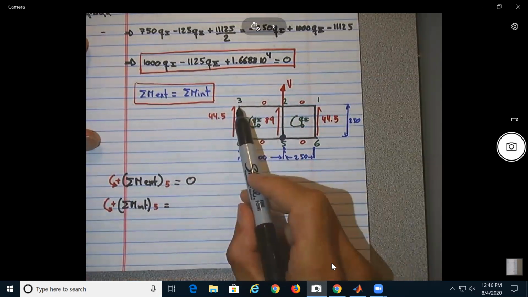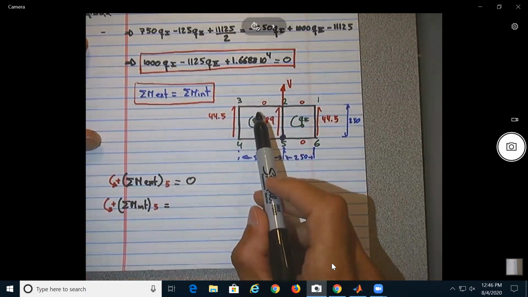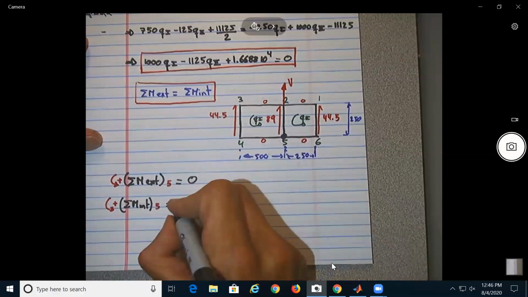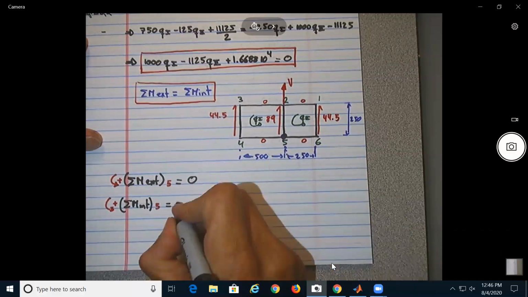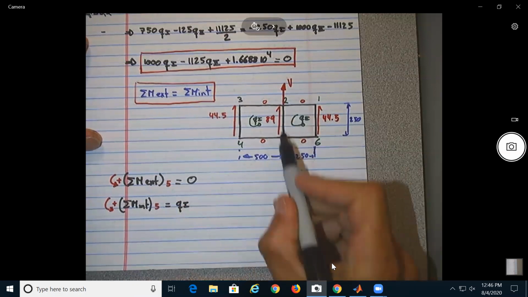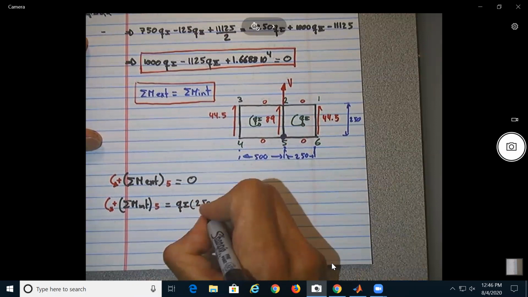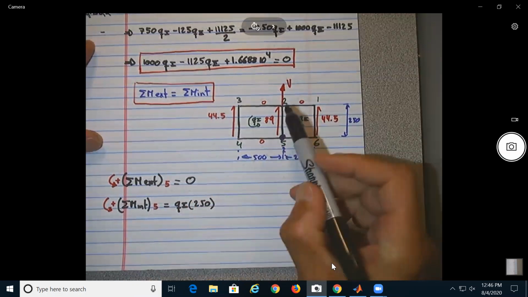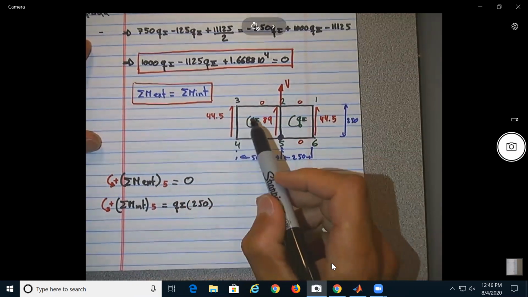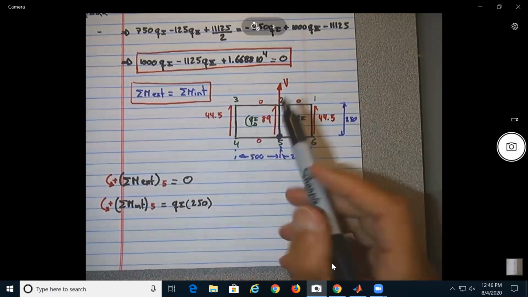What is the value of the shear flow over 2 and 3? It will be Q sub 1, yeah? What would be the arm? It will be 250, okay? Now, let's go around and do it one by one.